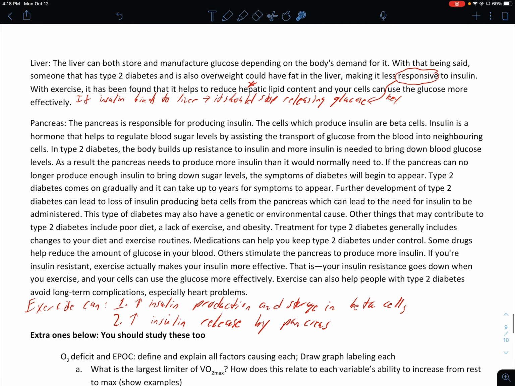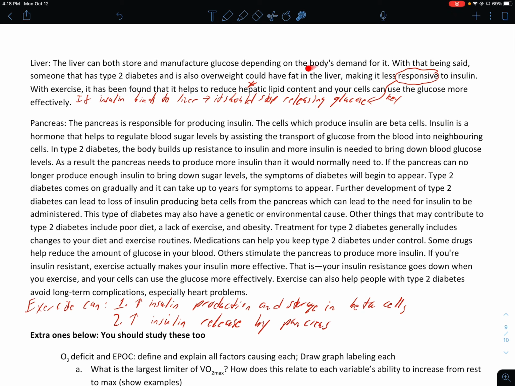Okay, let's talk about the liver. The liver next. One thing I wanted to make sure we all understand is that when the liver has insulin binding to it, that should be communicating to the liver, stop releasing glucose. We don't need you because we've got enough glucose here. Okay, but during type 2 diabetes, the liver is less responsive to insulin.